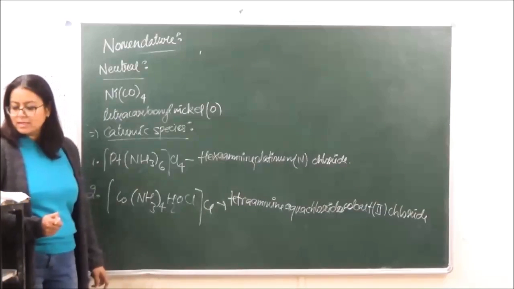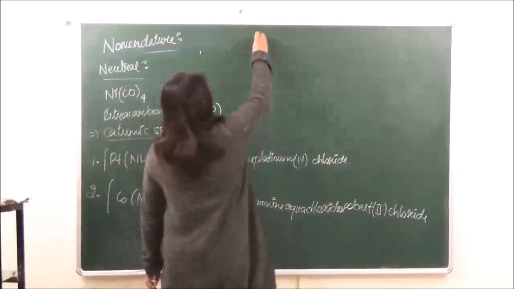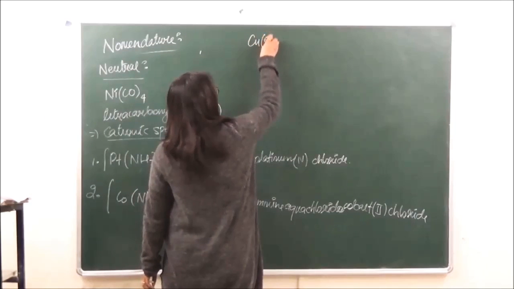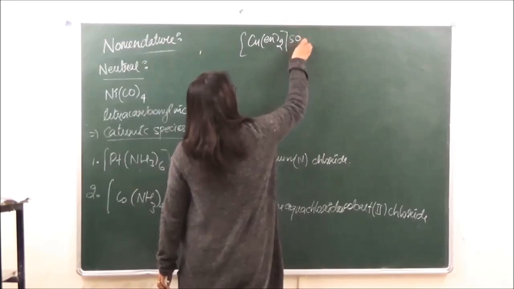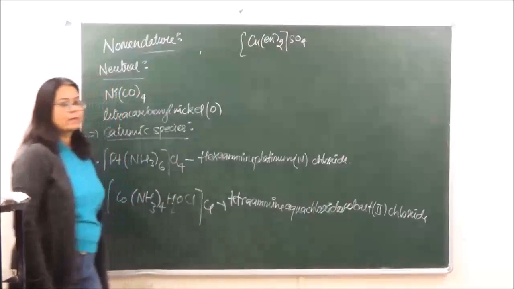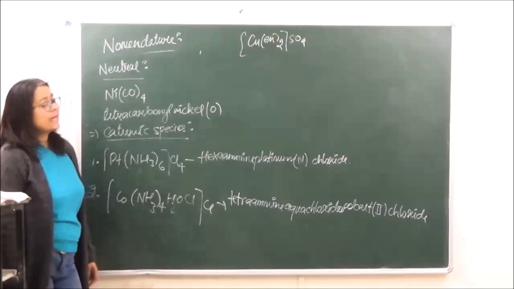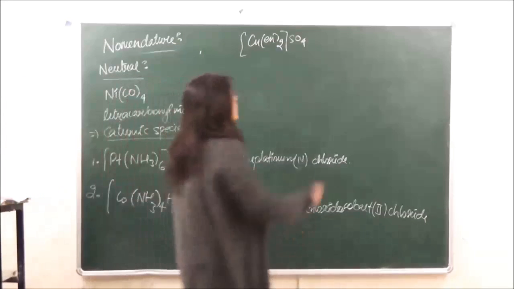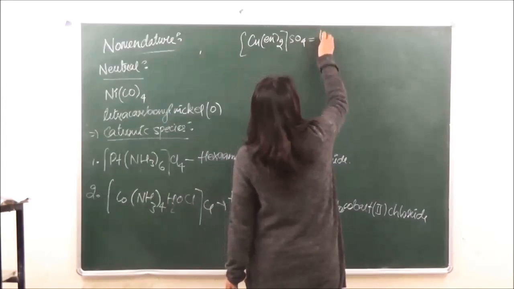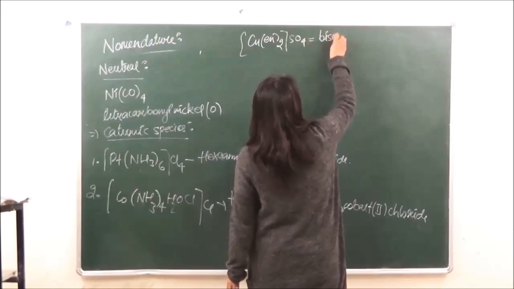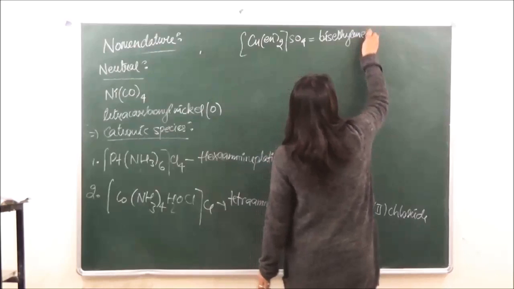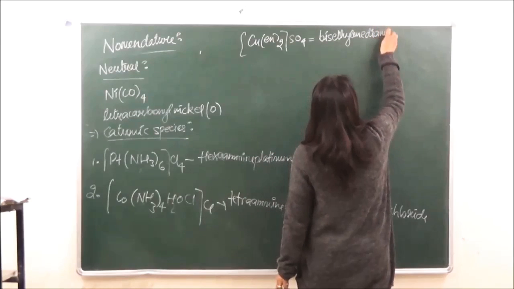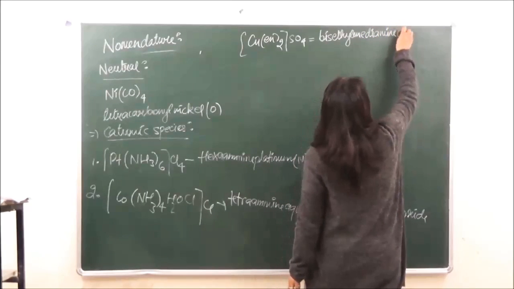Now let's take another example. We are taking an example of ethylenediamine. We have copper, ethylenediamine, sulfate. You can see there are two ethylenediamine over here. The prefix which we are going to use is bis: bis(ethylenediamine) copper.